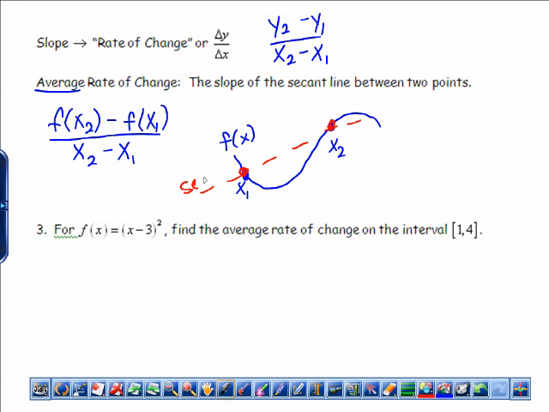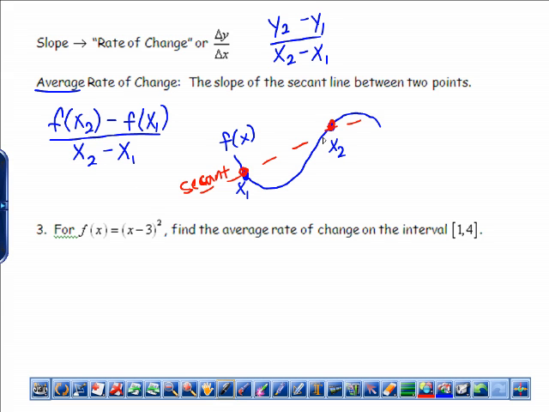And this line that I drew in red is the secant line. So if you wanted to know the average rate of change between these two x values, you would basically be finding the slope of the secant line. So you would do f of x2 minus f of x1, numerator, over x2 minus x1, denominator.